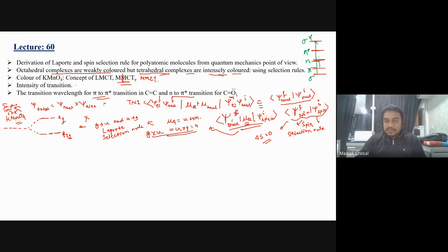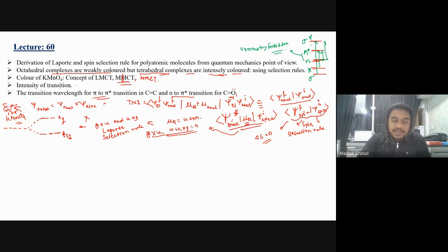This is one transition, pi to pi star. Another two transitions could be this and this. But this n to pi star transition is actually a symmetry forbidden transition. Since it is symmetry forbidden, the intensity will be very weak, mainly for n to pi star transition, compared to pi to pi star transition.